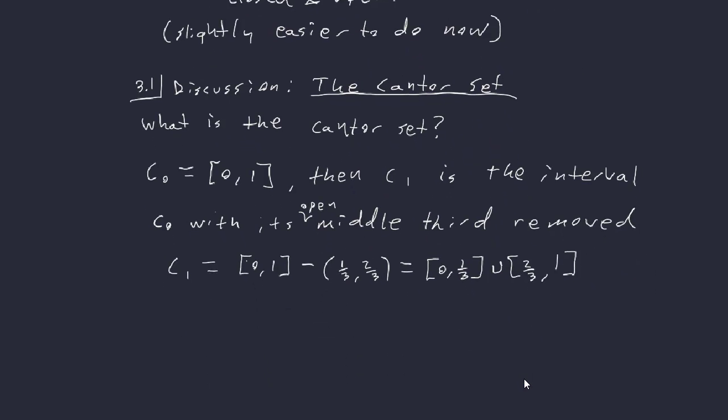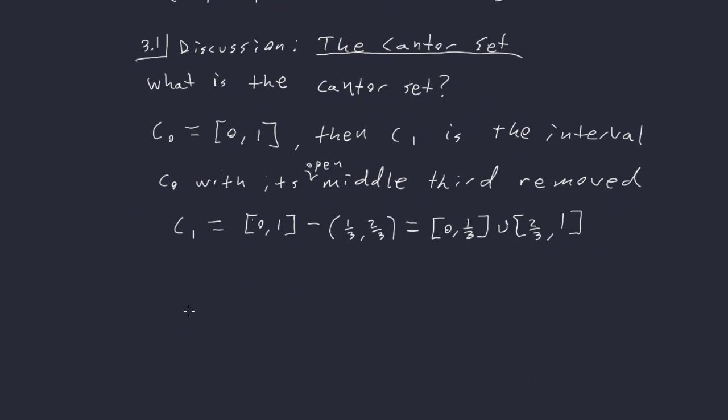All right, so if we were to look at this on a number line, let's say this is 0, this is 1, and I'm going to split it into thirds. So here's 1/3, and here's 2/3.